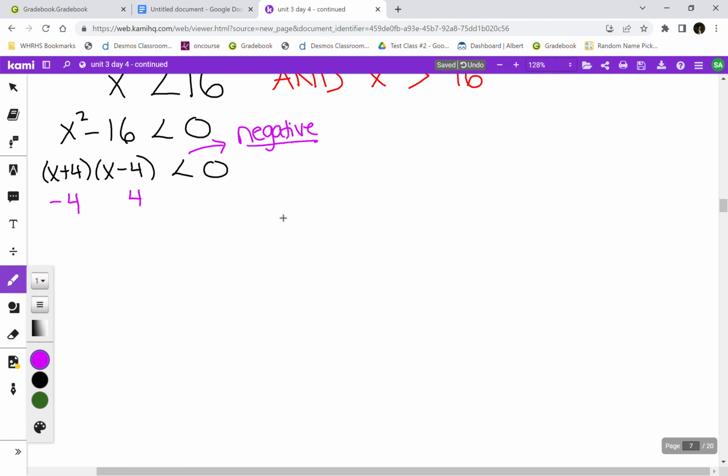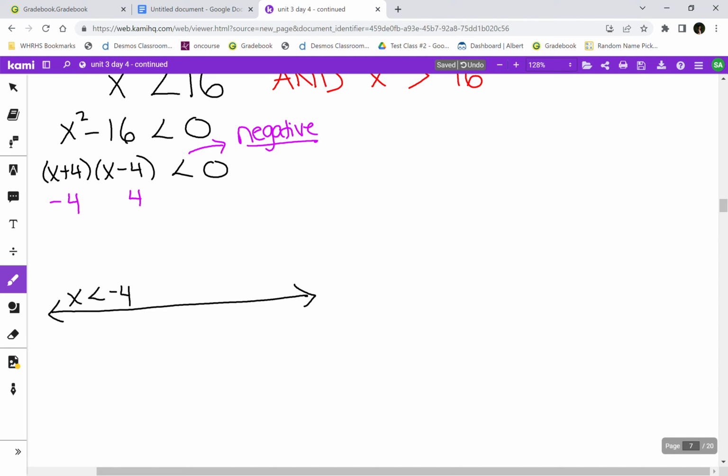Can someone set up my number line for me with our regions? What are we testing here? Arish. So x is less than negative 4, and then negative 4 is less than x is less than 4. And then x is greater than 4. You got it.